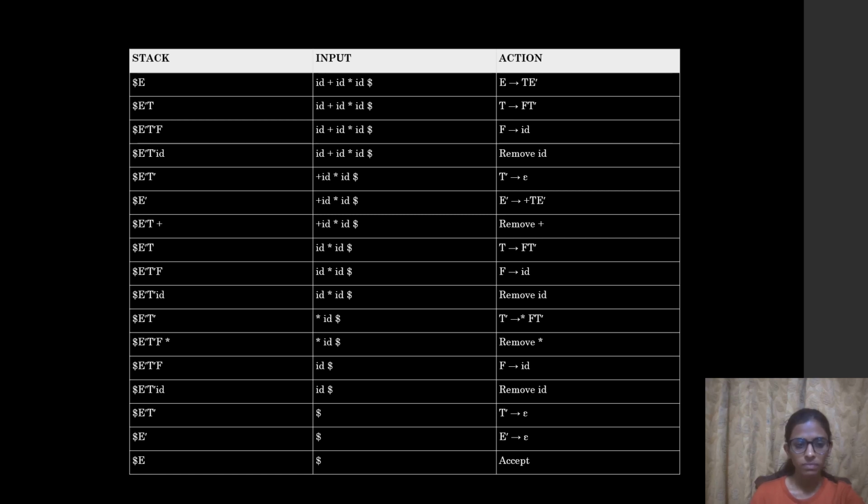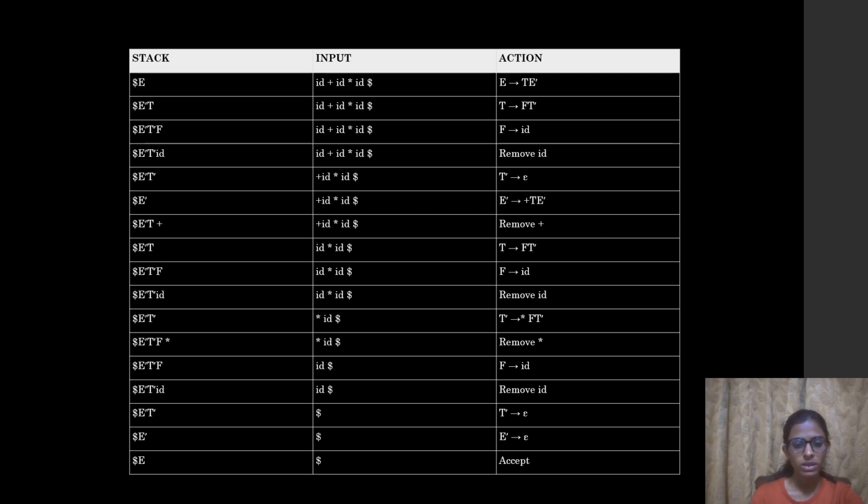Next, we start with E' and T' with the remaining input star id dollar. So T' gives *FT'. We have star here, so we remove star. Next we start with stack E', T' and F with the input id dollar. So F gives id.